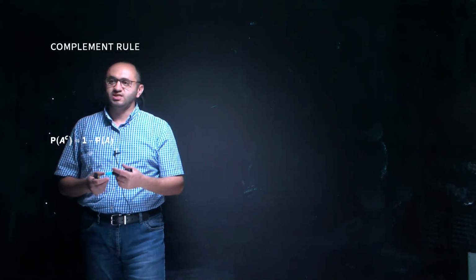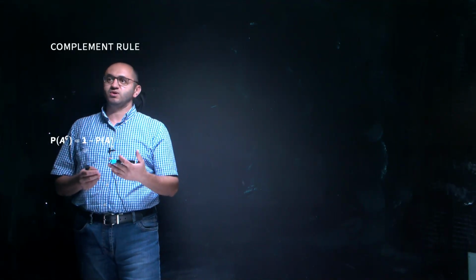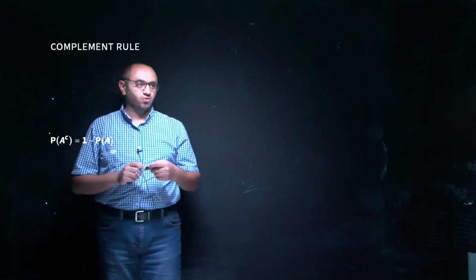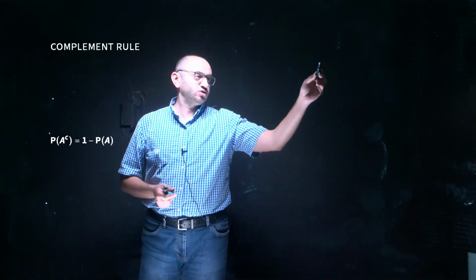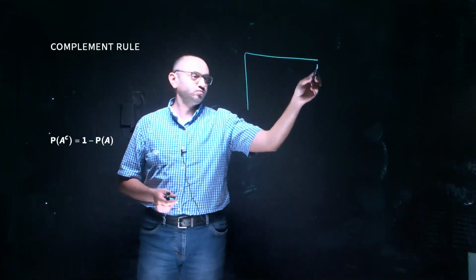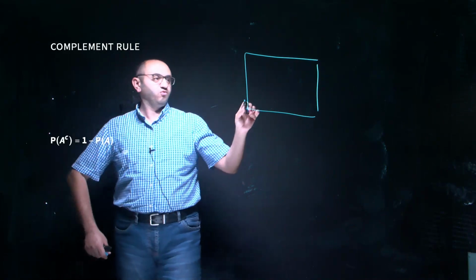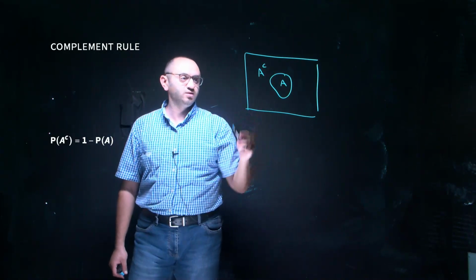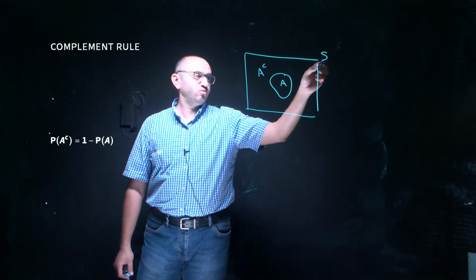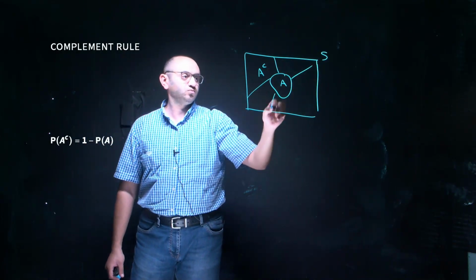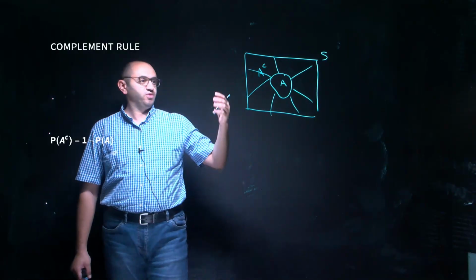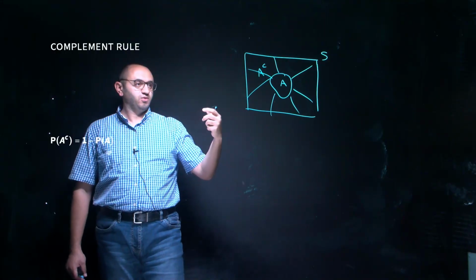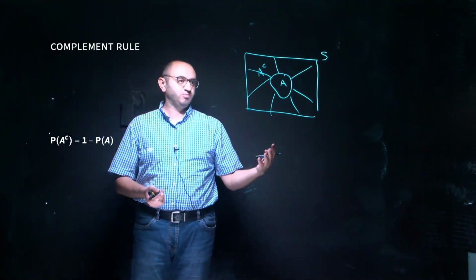The complement rule says probability of A complement equals 1 minus probability of A. Why? Because if we have A, and this is the complement of A, and this is the entire sample space, the event A and the complement of that event form the entire sample space, right?